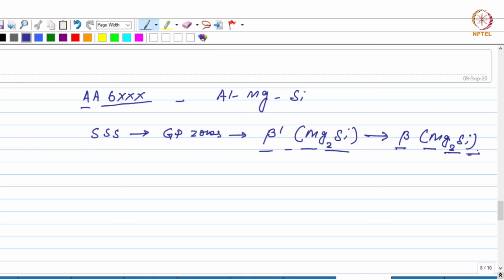Okay. Here the GP zones are spherical in the beginning, but get elongated as the aging is continued.